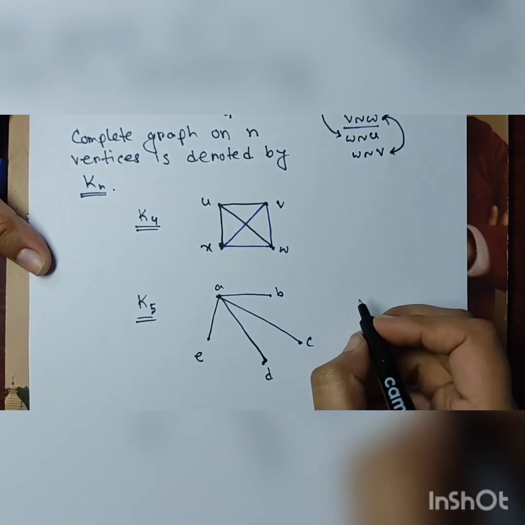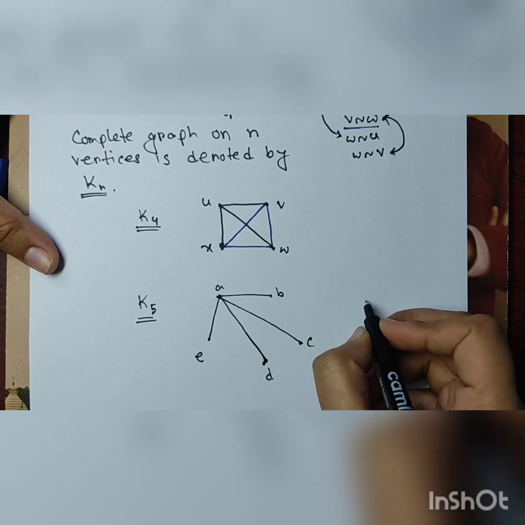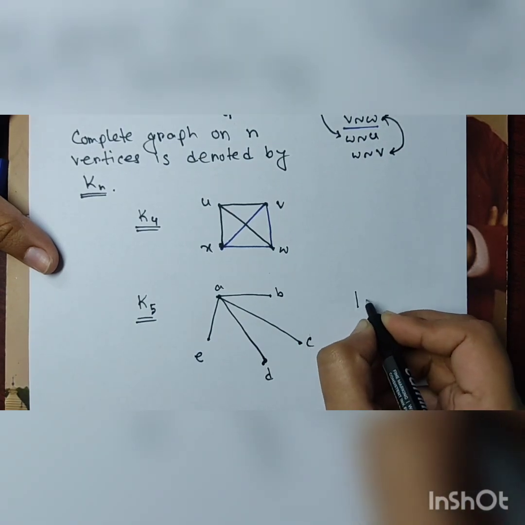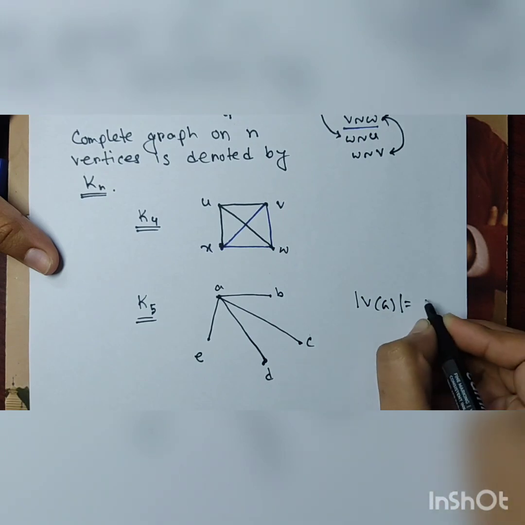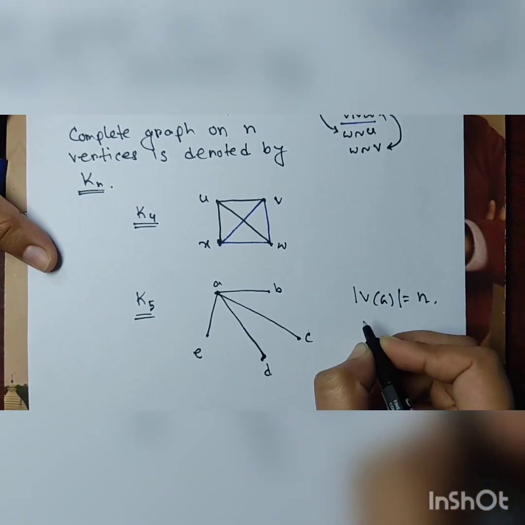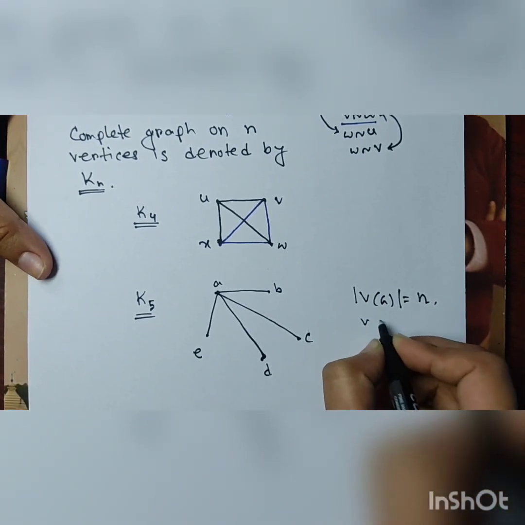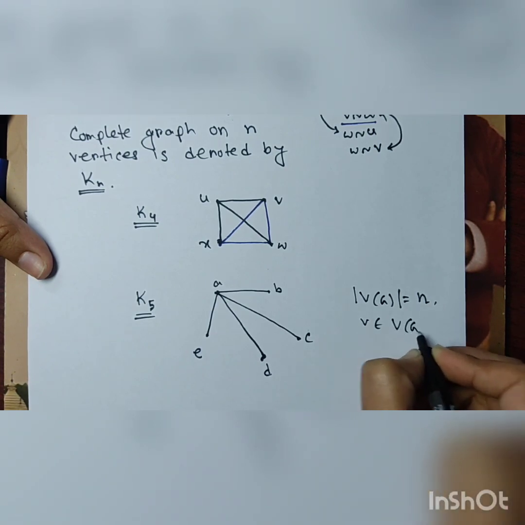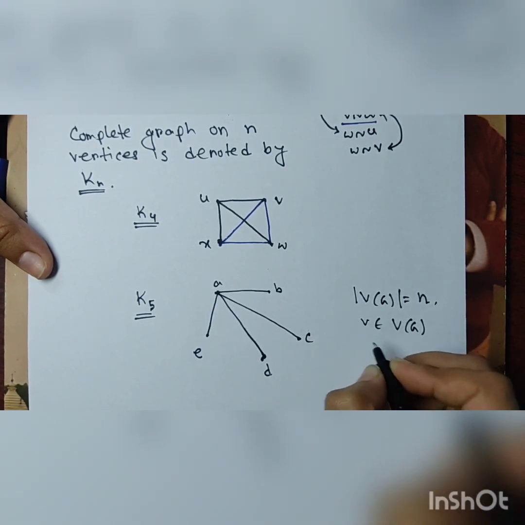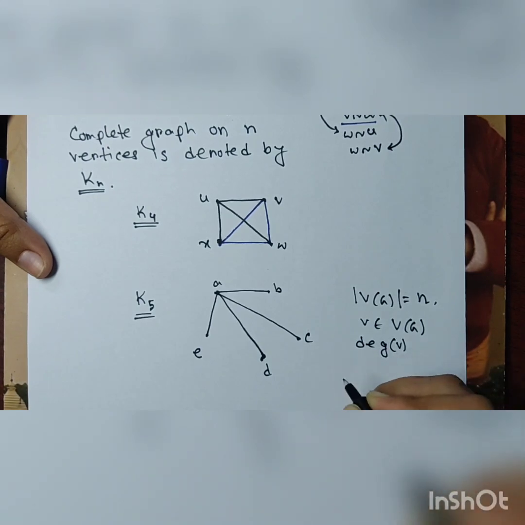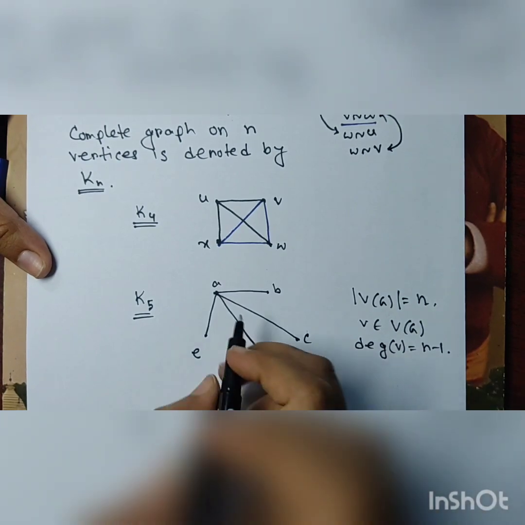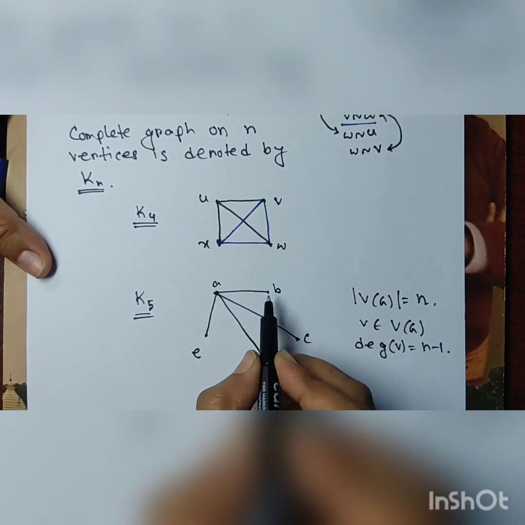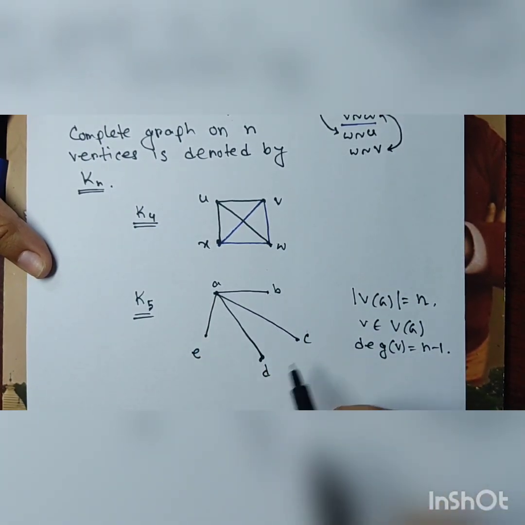If the number of vertices is n, that is, if the cardinality of the vertex set of G is n, then for each vertex V belonging to the vertex set of G, we can observe from the definition itself that the degree of V must be n minus 1, because each vertex is adjacent to all other vertices.